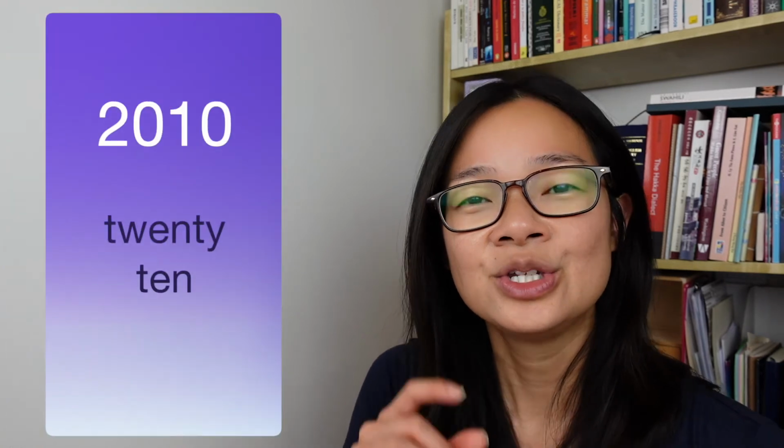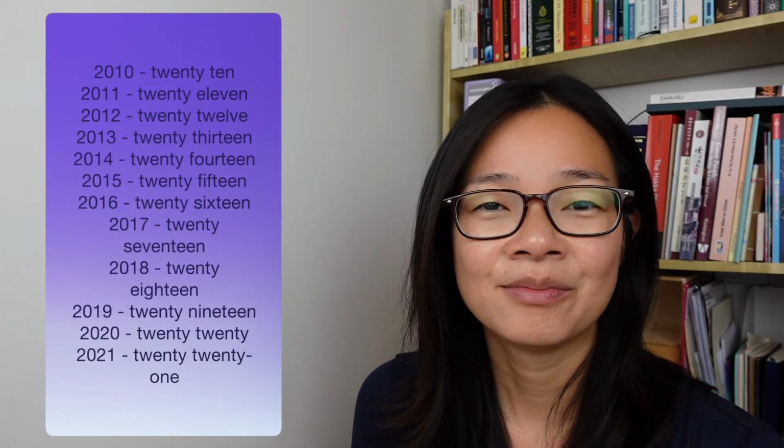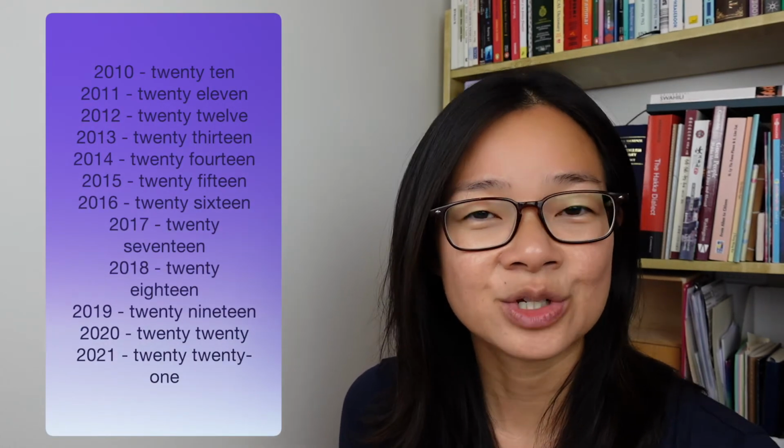But when we get to this year, which for those of you on the podcast is 2010, we now have a choice. We can say two thousand and ten, and some people will say that, but it's a little bit easier and definitely faster to just start splitting the year up again like we did earlier with the 1900s. We did nineteen ten. And we're going to do the same here, but of course it's going to be twenty ten. So now we can start saying twenty ten, twenty eleven, twenty twelve.